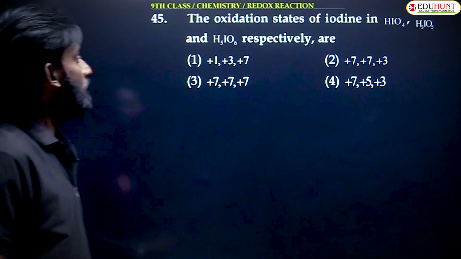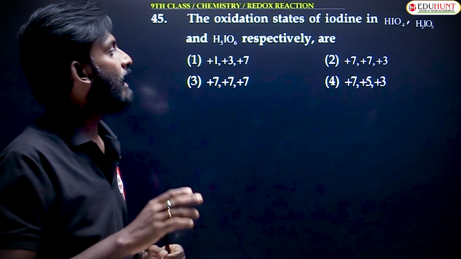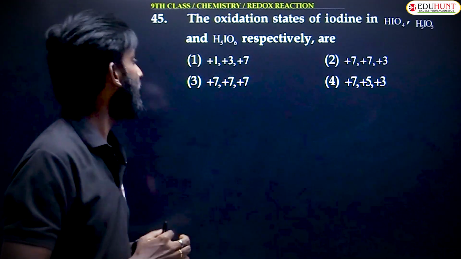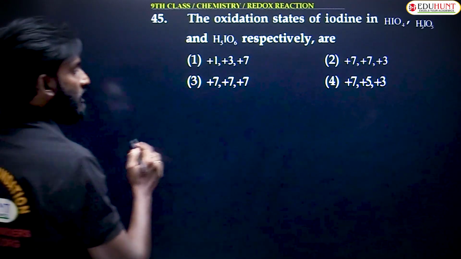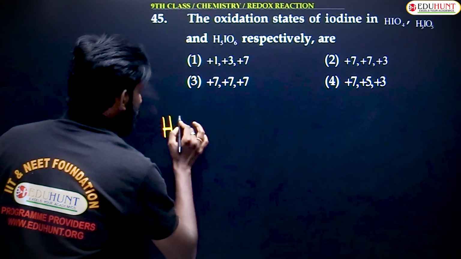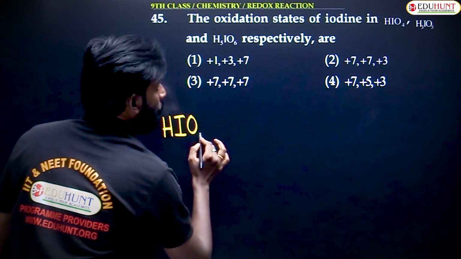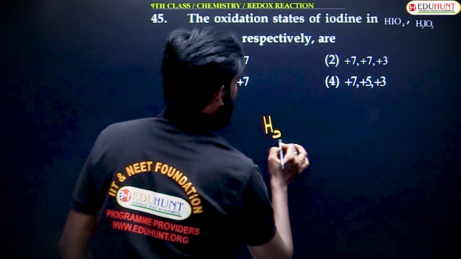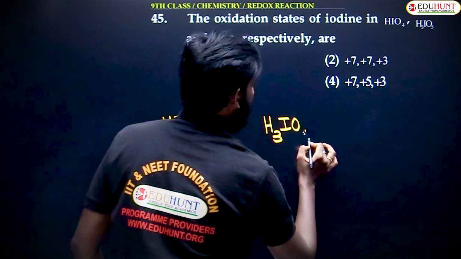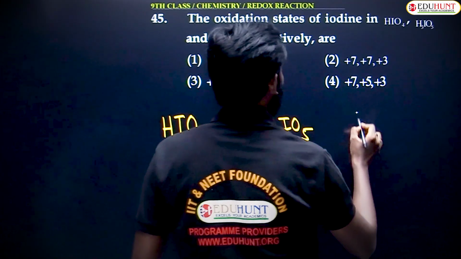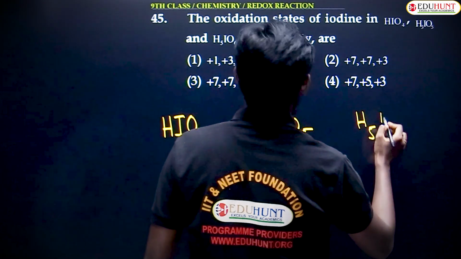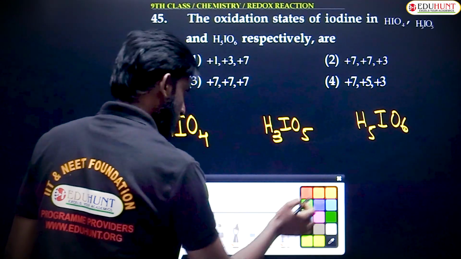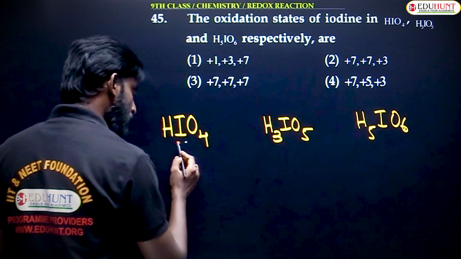Yes. The oxidation state of iodine in HIO4, H3IO5 and H5IO6. Let me write this. The point here is, try to calculate the oxidation number of iodine for the first one.